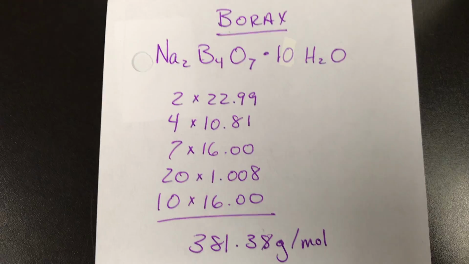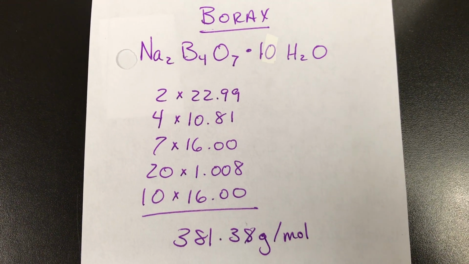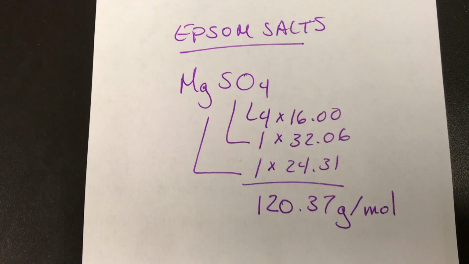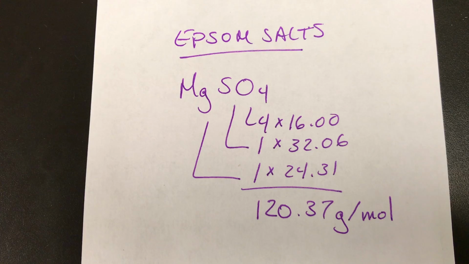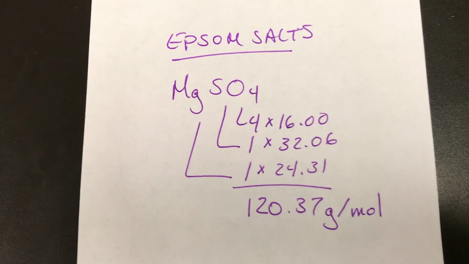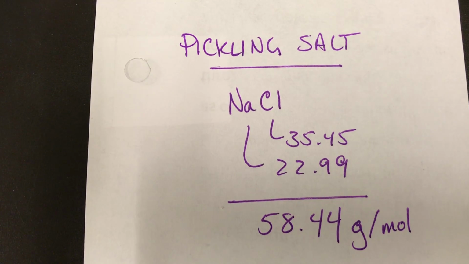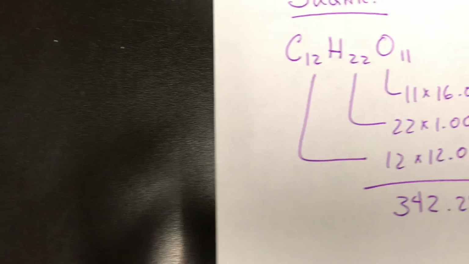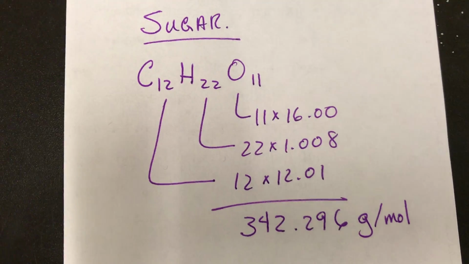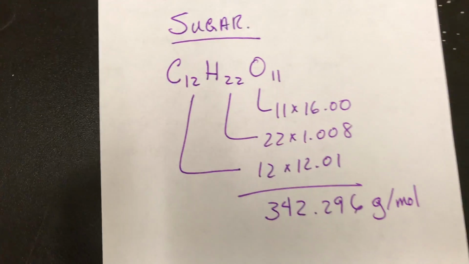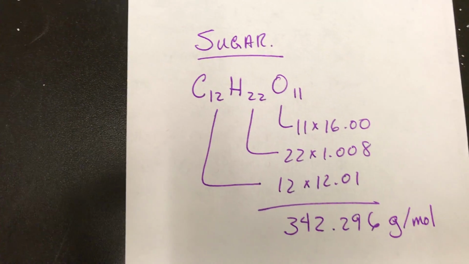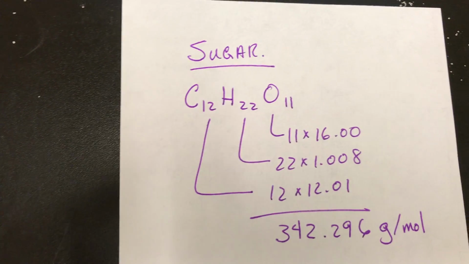So we have borax, chemical formula, and the molar mass. We have Epsom salts, the chemical formula, and the molar mass. Salt, and the sugar that you're going to use. So again, with that, you're going to calculate the molarity of those solutions.